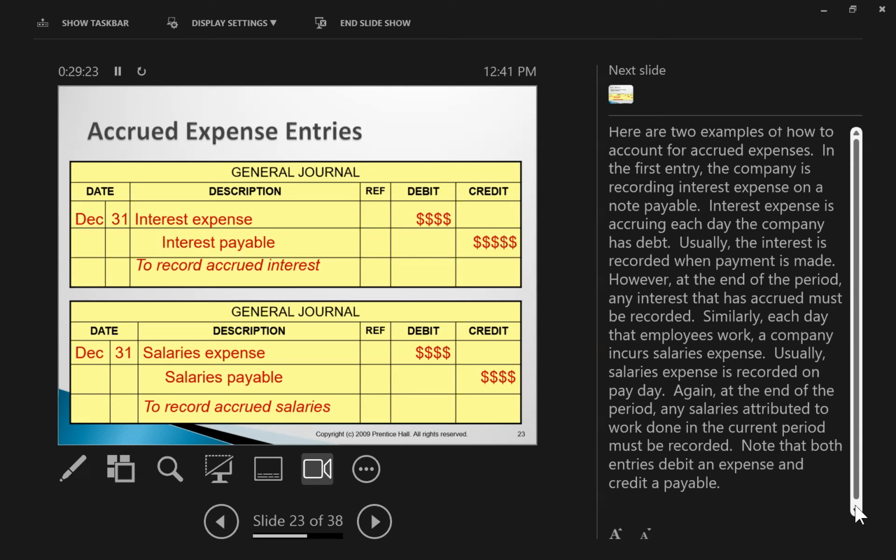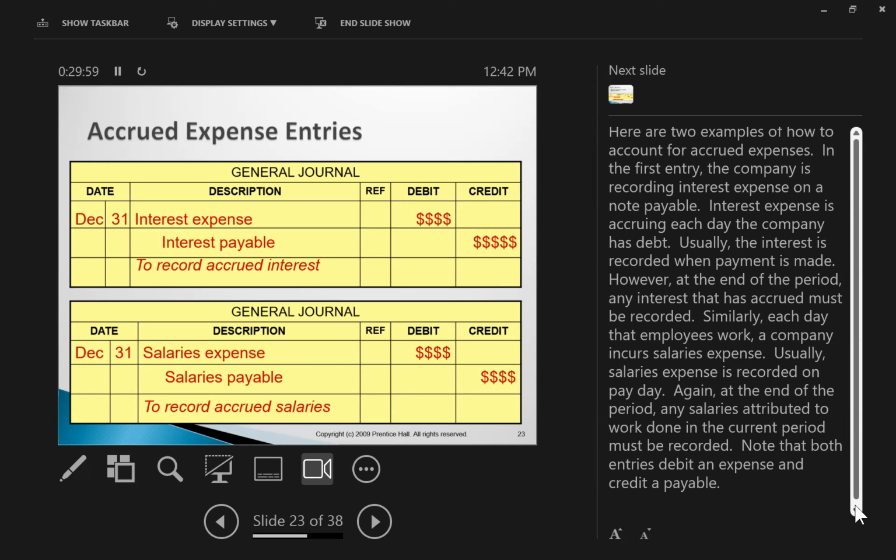So we're going to create interest payable as an account, and we're going to create salaries payable as an account. So now we've got our accounts: interest expense, interest payable, salaries expense, salaries payable. When we finally pay salaries in a week into the next period, because that'll be the end of the 2 week pay period, we would get rid of the salaries payable because we paid it.